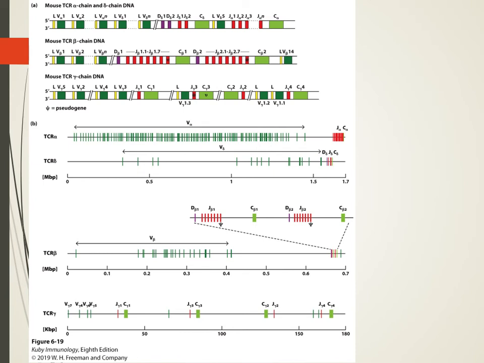You can see the components that we saw in the B cell receptor, where we have variable gene segments, in some cases D segments, J segments, and also the constants. You'll notice that for some of these, the J and C are paired, but then we're going to be selecting and getting our different receptors.